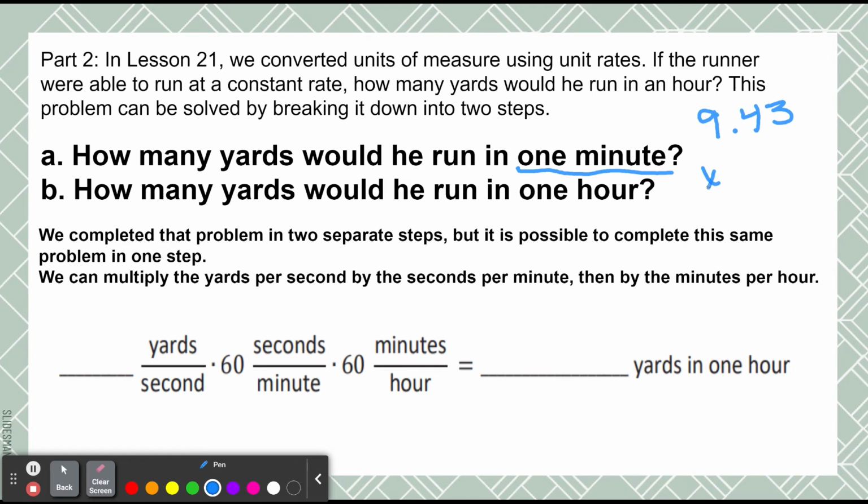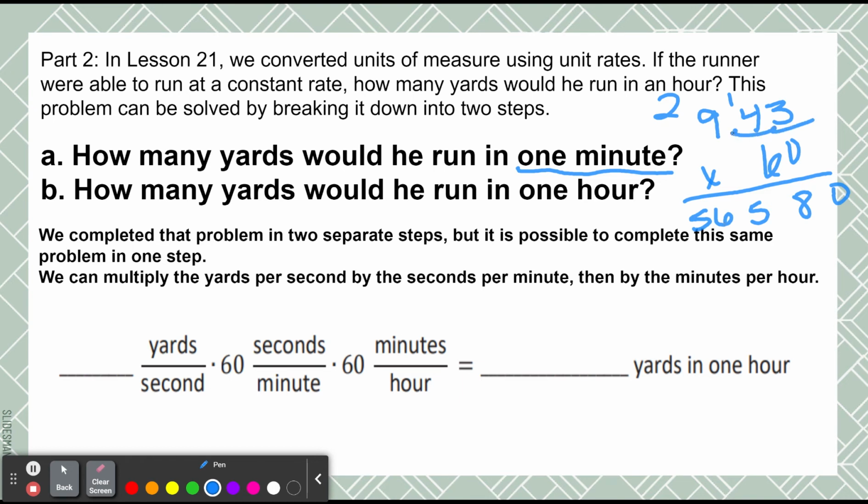I'm just going to bring that 0 off to the side there, pretend it's not there, makes life easier. 6 times 3 is 18, carry that 1. 6 times 4 is 24, plus 1 is 25, and carry the 2. 9 times 6 is 54, plus 2 is 56.